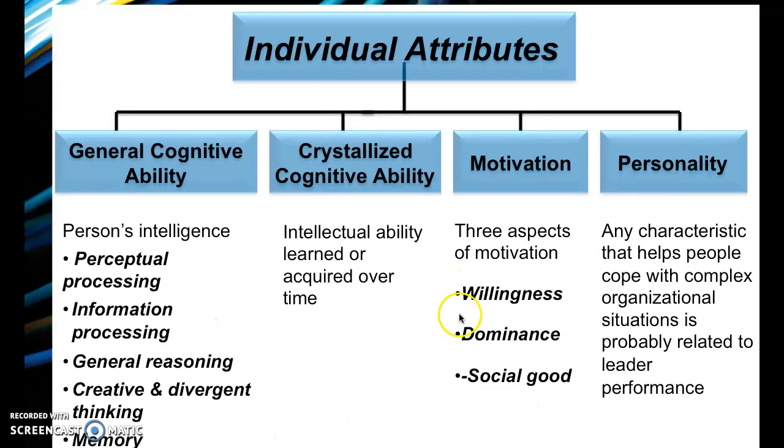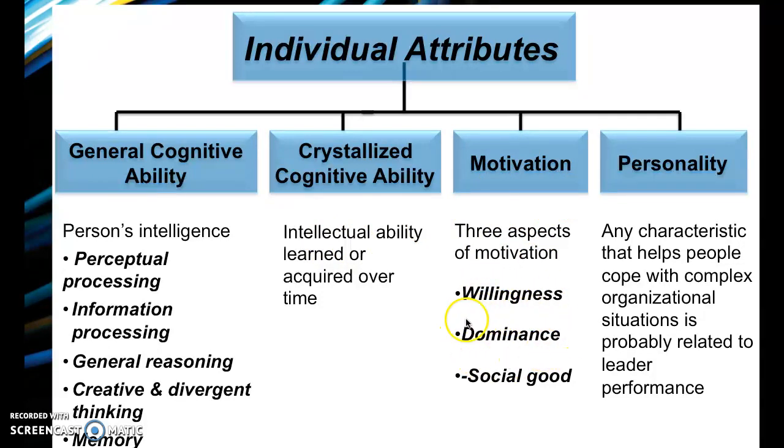They also recognized that each leader brought individual attributes to this. Their own intelligence and cognitive ability, the crystallized cognitive ability, which is just learning over time, learning by experience. And some of you mentioned that your own leadership understanding has grown out of experience. And then your own motivation: how willing are you to lead?